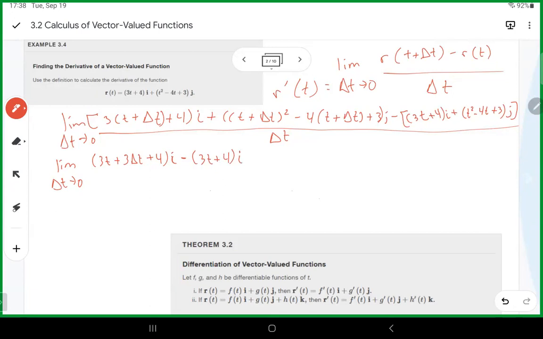So that's coming from that right side. They're bringing their terms together. Parentheses, parentheses.